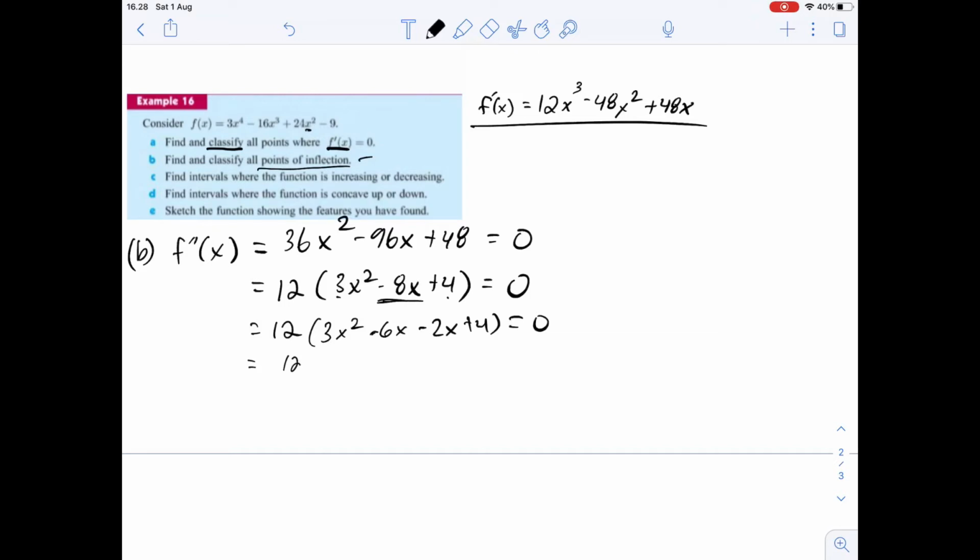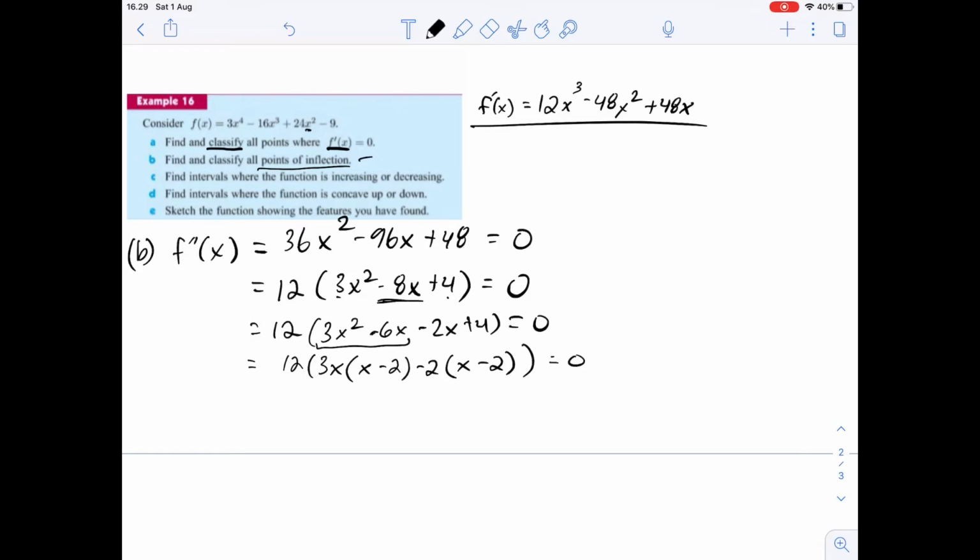Now this is going to help me factor. So what I'm going to do is I'm just going to look at this part right here. I'm going to factor out a 3x. So 3x, that gives me an x left over minus 2. And over here, I'm going to factor out a minus 2. That gives me an x minus 2.